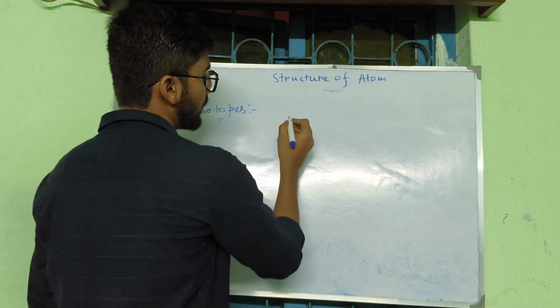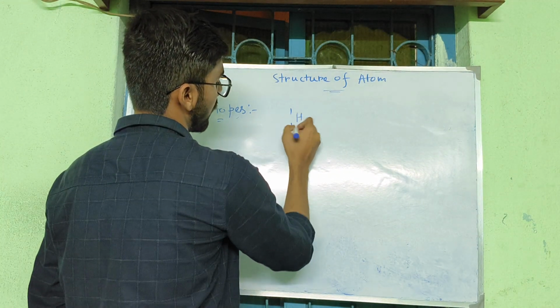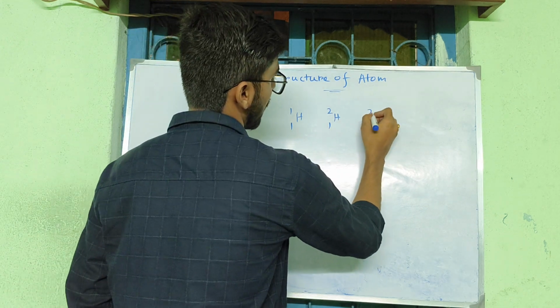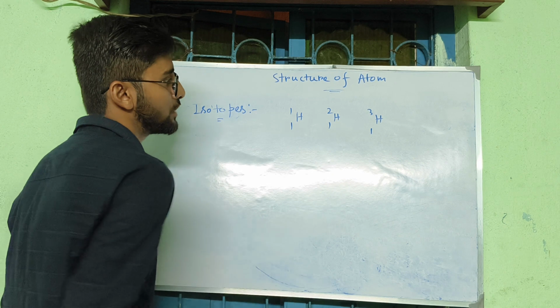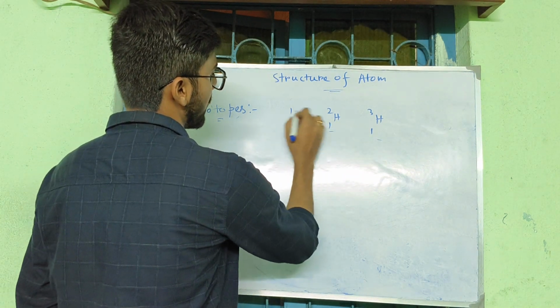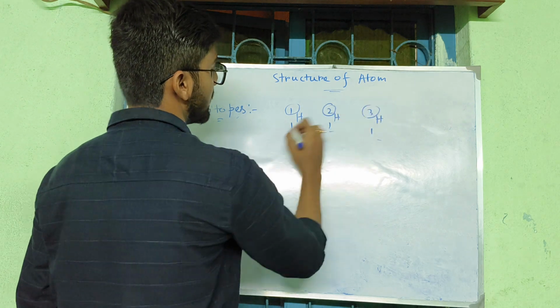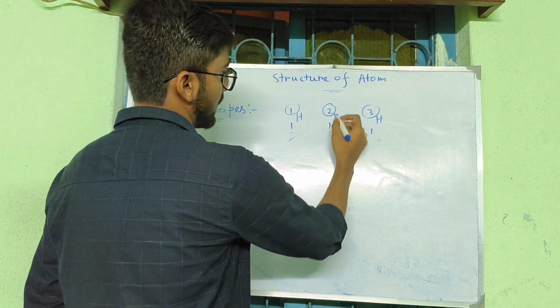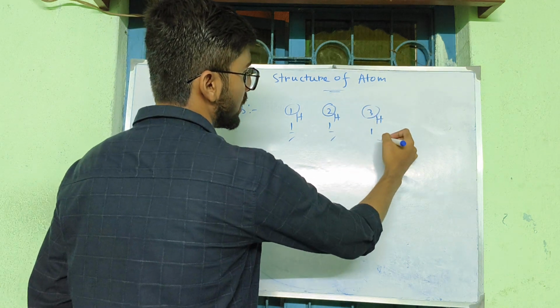Let's take an example. Hydrogen has 3 isotopes: H 1 1, H 2 1 and H 3 1. All these hydrogen atoms have the same atomic number but different mass number, and these are isotopes of each other. They are called protium, deuterium, and tritium.